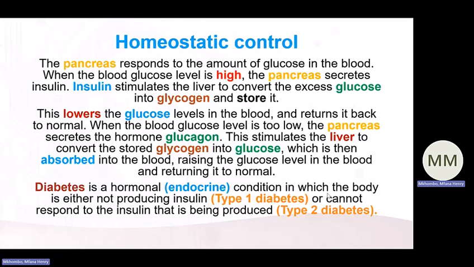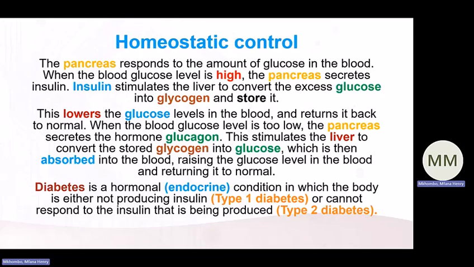We also have homeostatic control, which is the maintenance of internal stability and constancy in a living organism. So here we're going to talk about the homeostatic control of glucose level in the blood. The pancreas responds to the amount of glucose in the blood when the blood glucose level is high, as we shall see in the following diagram.